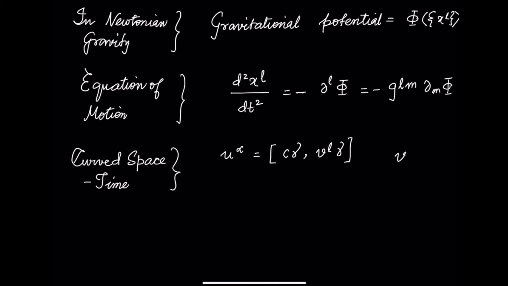So vl is dxl dt. This t is the coordinate time. It's not tau, which is the proper time.